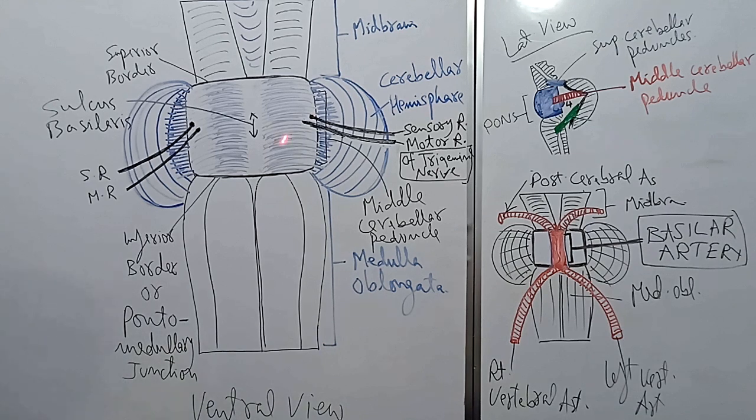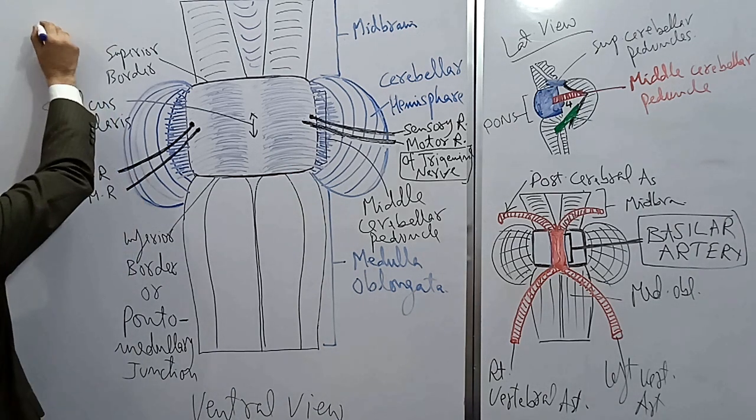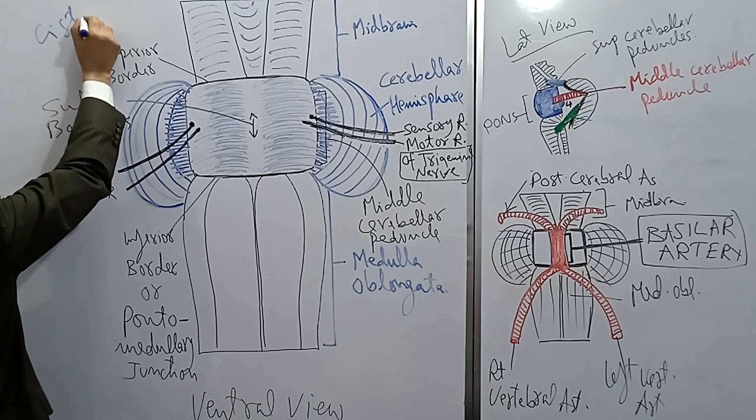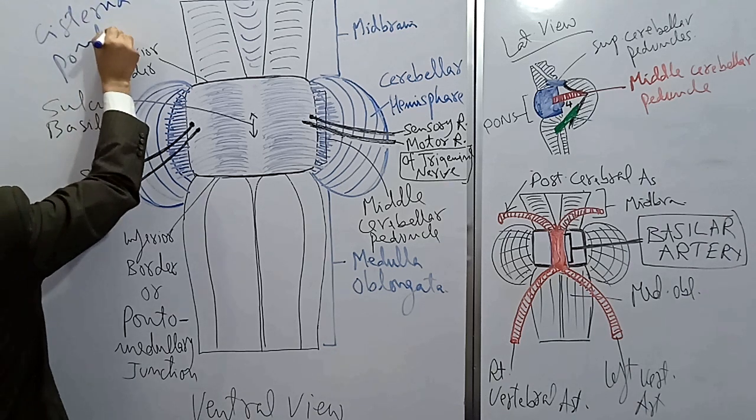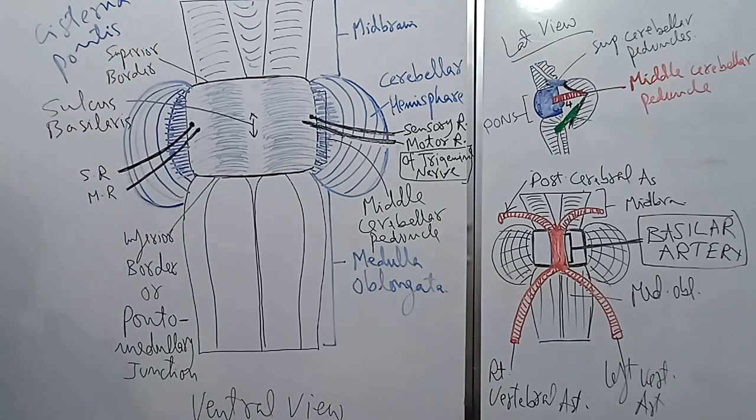And in the last lecture, I told you there is a cistern here, the cisterna pontis, if you remember. I told you there are some parts of the subarachnoid space which are wider.